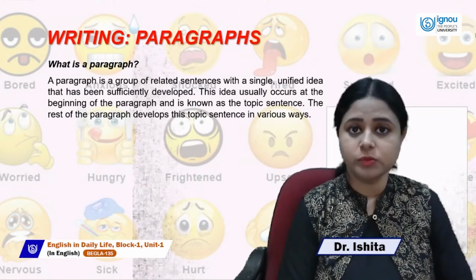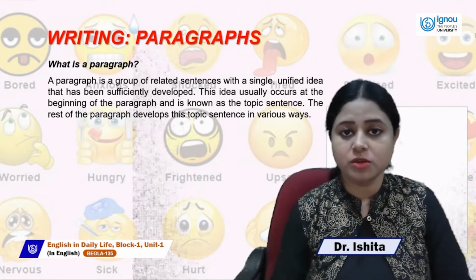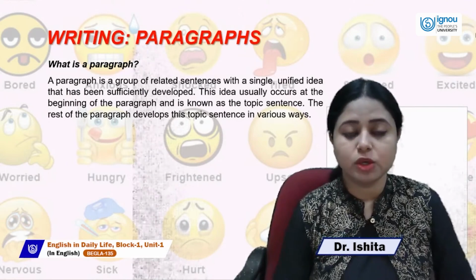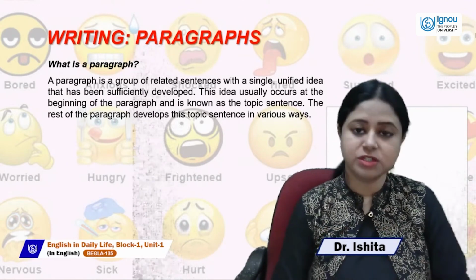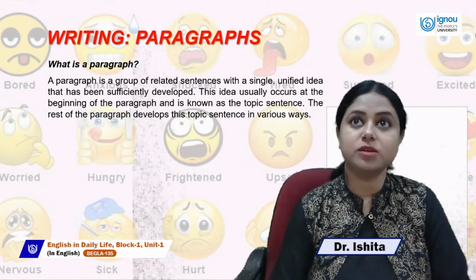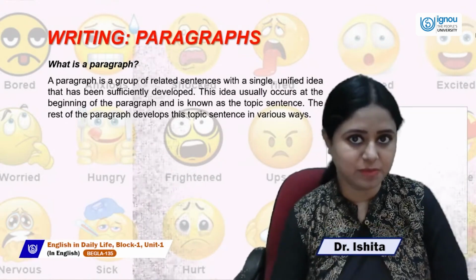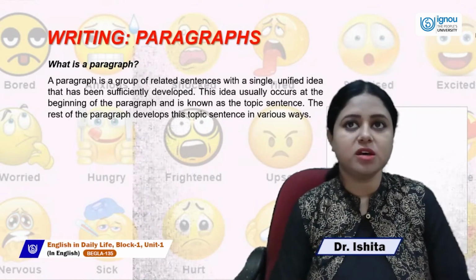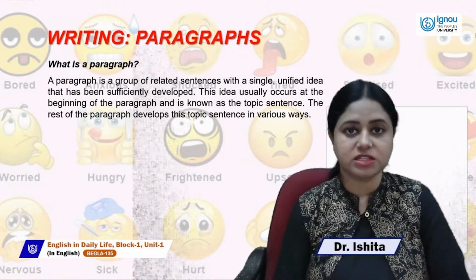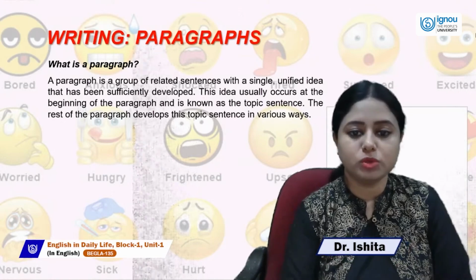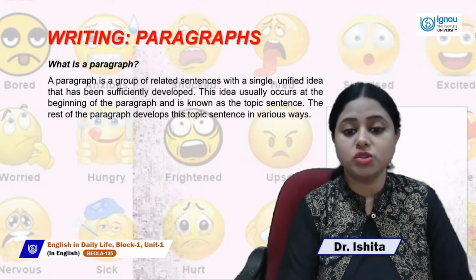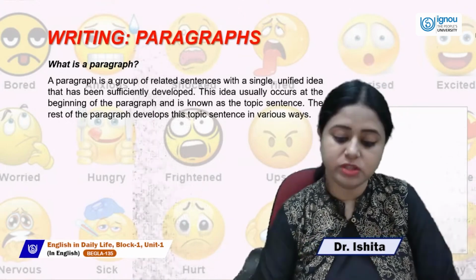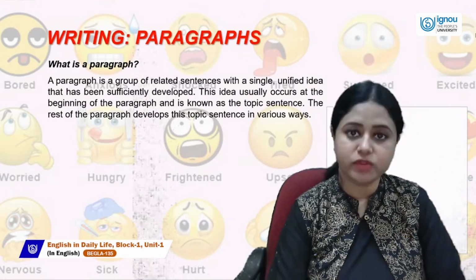Ram eats mango, the mangoes are sweet, his father bought those mangoes, it was a gift for his good performance in the exams. Okay? So you see that these are a group of meaningful related sentences. Then we talked about the topic sentence. The topic sentence is whatever you start with, the basic idea, and you fill up on that.